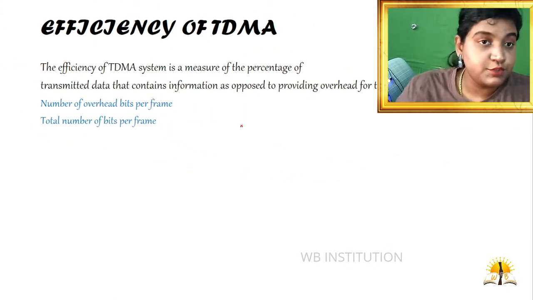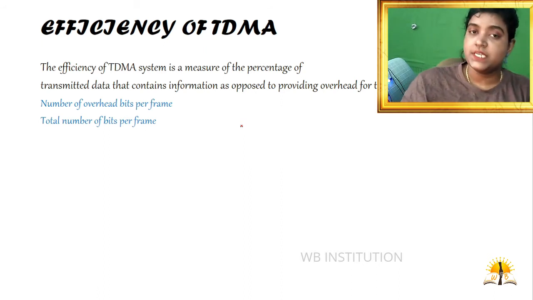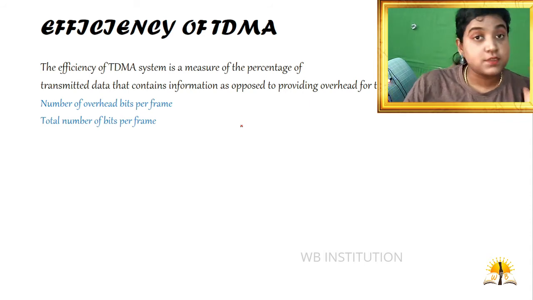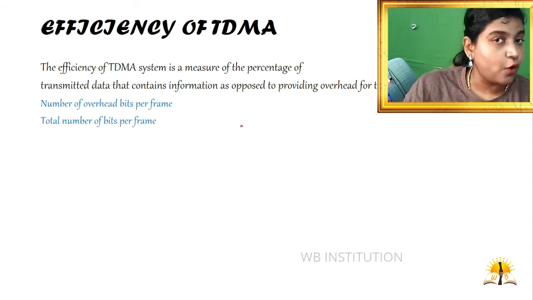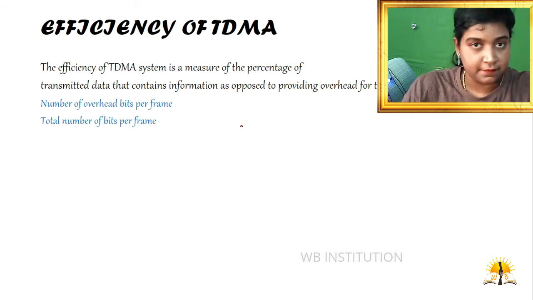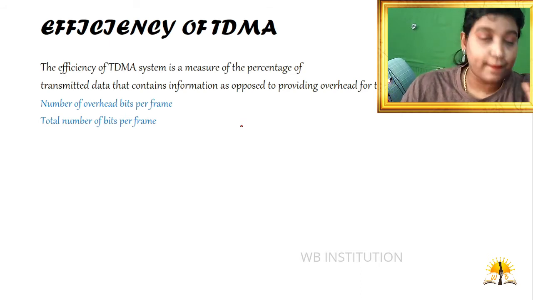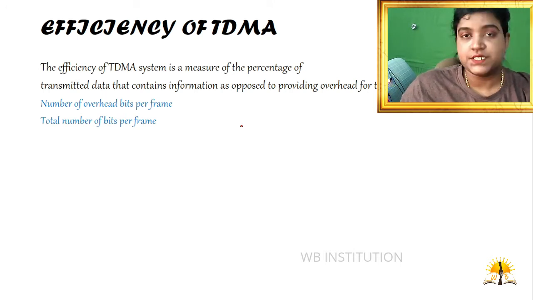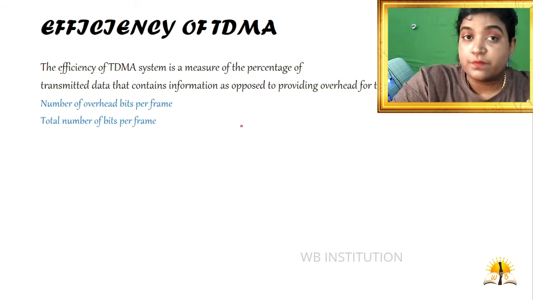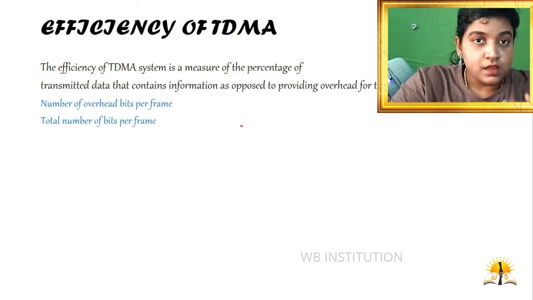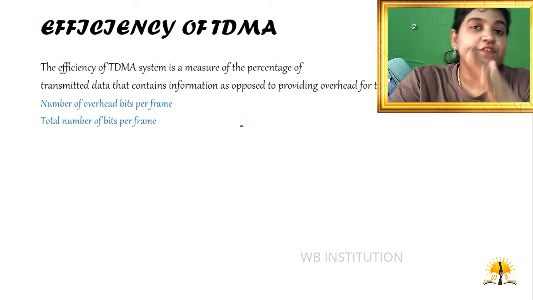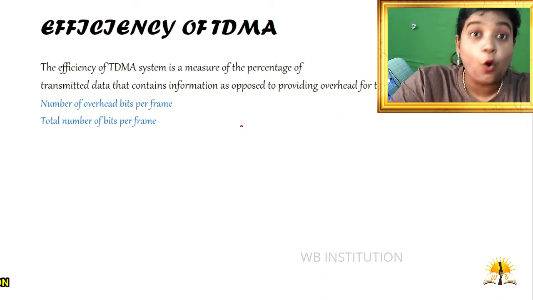We have come to the very important segment of today's topic: calculating the efficiency of TDMA. This is very important in competitive exams, and there is a lot of chance that questions will be asked from this segment. So make sure you are clear with this. Compared with frequency division multiple access, the efficiency of TDMA is calculated with respect to the overhead bits.